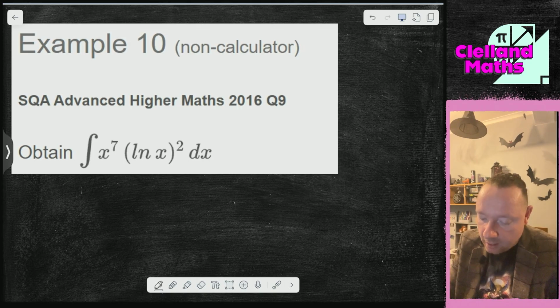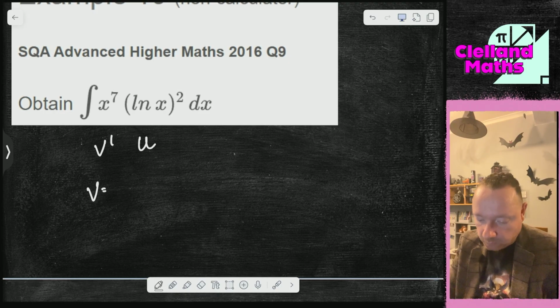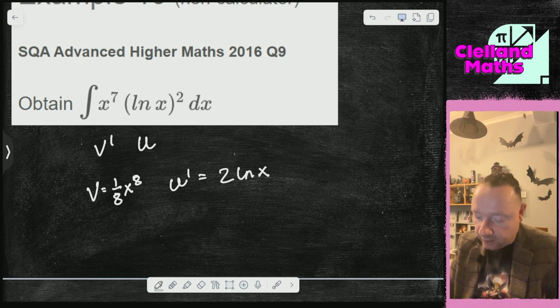So I'm going to then say that that one is my u and that one's my v dash. So therefore, v is equal to 1/8 x to the 8, and u dash is 2 log x still, then times my log x differentiated, which is 1 over x.